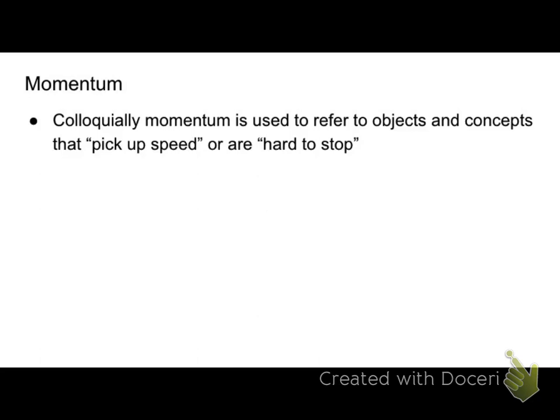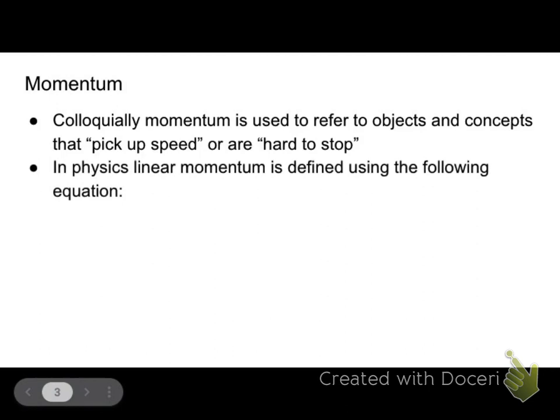A political party can have momentum in an election because we're using it to describe something that's going to pick up in popularity or grow in strength. And though this is one of those rare occasions where the colloquial definition of a word and the science definition of a word actually match up pretty decently, right?